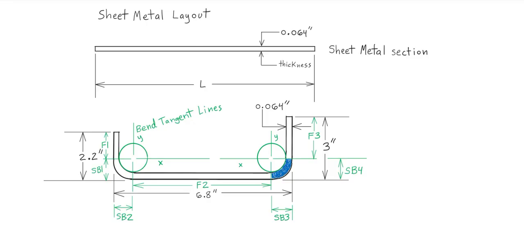So this is a derivative of a circle, so it's a circumferential actual metal length of the bend. So it's a partial circumference. So that is added to the flat 3, and then to the flat 2, and then of course the flat 1 and the other bend allowance. So we can fill in that one as well.